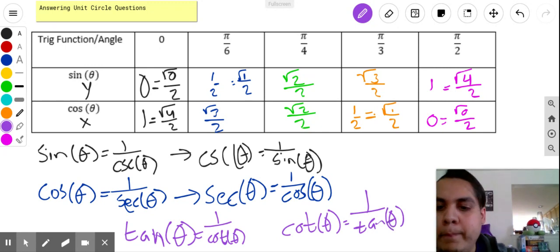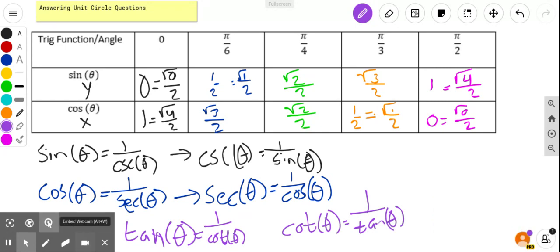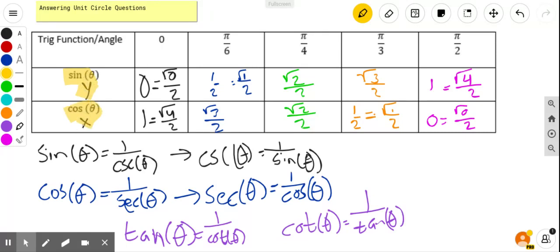All right. And the reason I mentioned this is that I was asking you for some of this information yesterday. So we had to make sure that you know how they're related to each other, because if we also do a little bit of substitutions, right? Remember, I also said that sine is y and cosine is x.